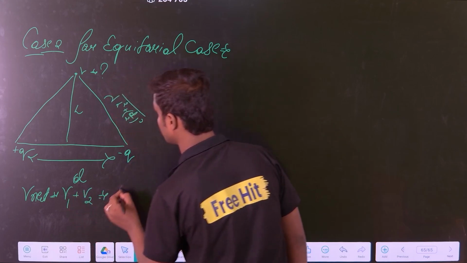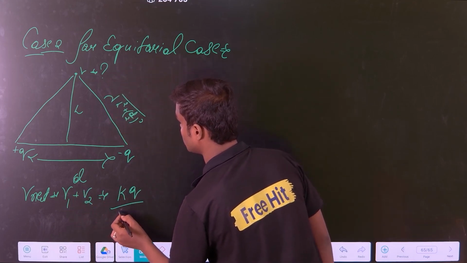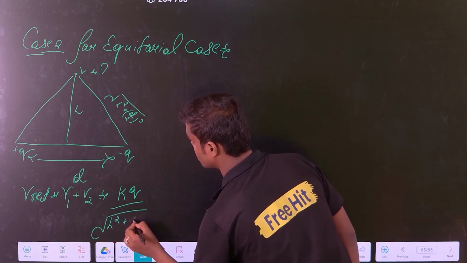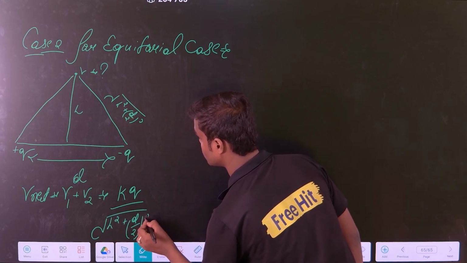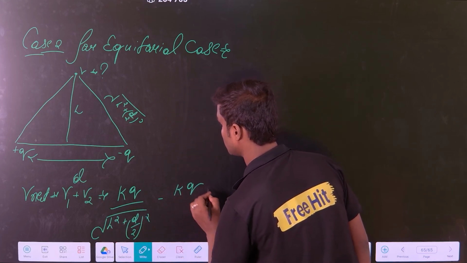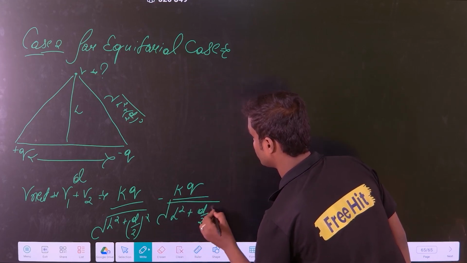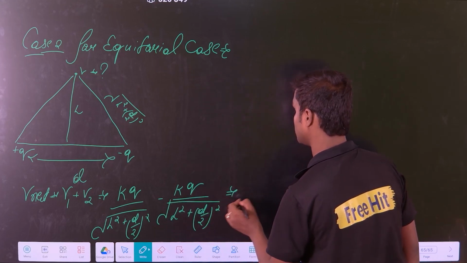It is a scalar quantity, so V net is equal to V1 plus V2. Correct? What is V1? kq by this distance. What is this distance? Root over of L square plus d by 2 whole square, minus kq by root over of L square plus d by 2 whole square. So you will get 0.